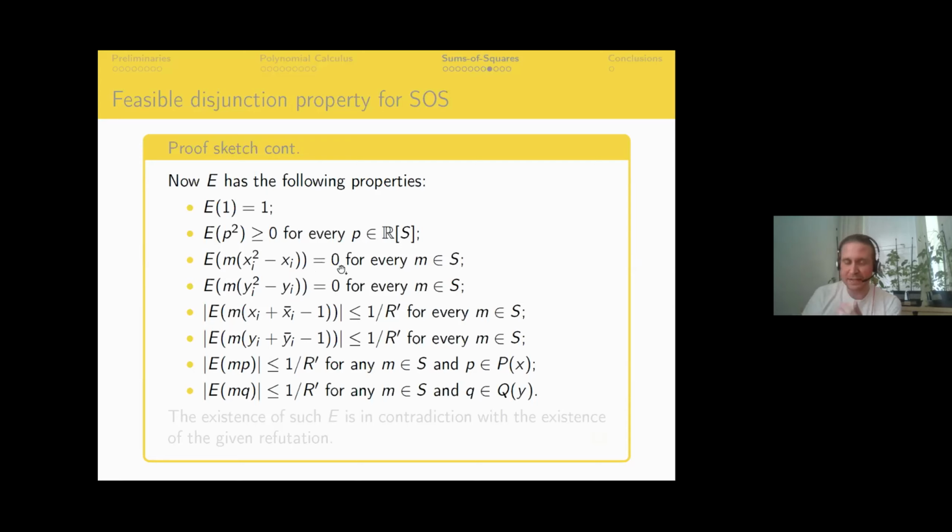So this does not necessarily respect the whole equality model of multilinearization, but it maps all the lifts that actually appear in the given refutation to 0. Okay, and this is an important little detail here. And then it maps the complementarity axioms and the given axioms to 1 over R prime close to 0. And again, applying this E to the given refutation, you get a trivial contradiction. Okay.